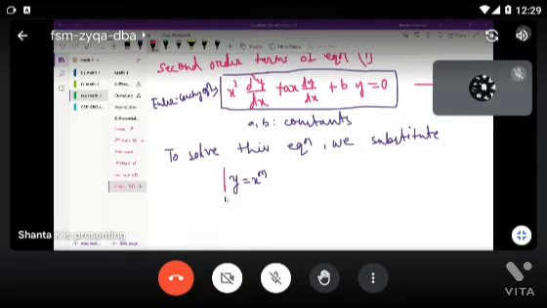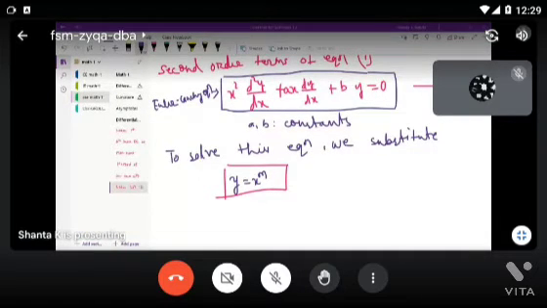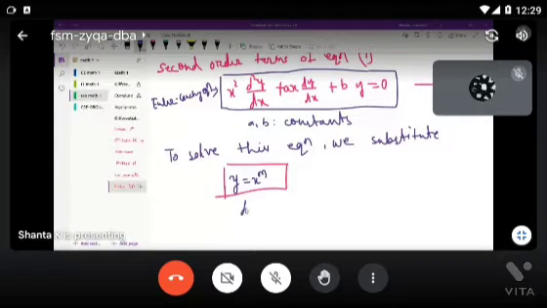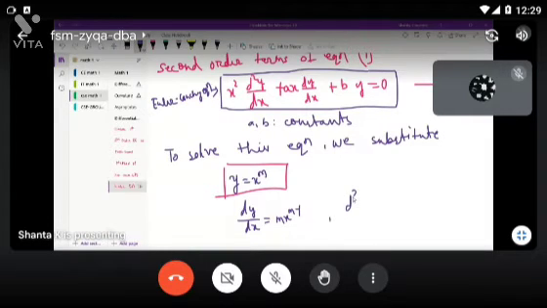Okay, this is our substitution. Now what happens? Look at the terms. dy by dx will be m x power m minus 1, and the second order derivative d2y by dx square equals to m into m minus 1 x power m minus 2.